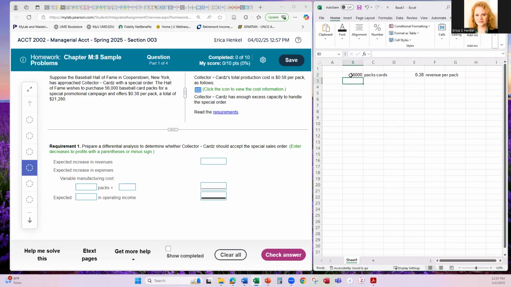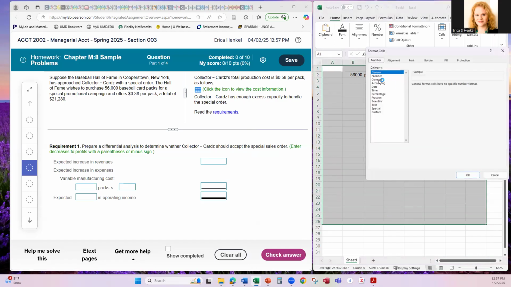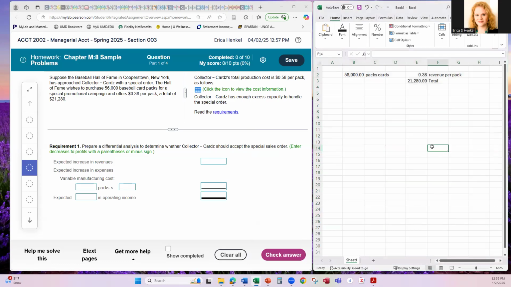Okay, so a total of $21,280, which is 38 cents times 56,000. All right, let me just format this really quick so everything is readable.